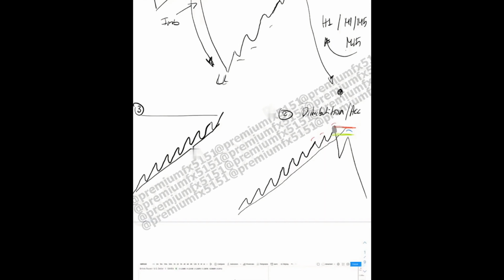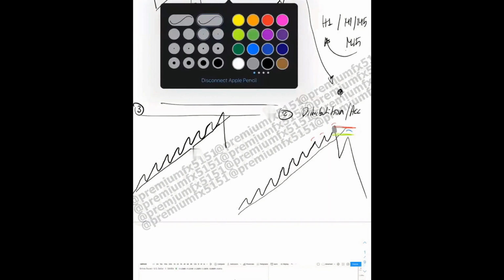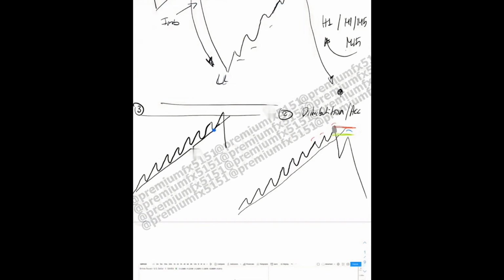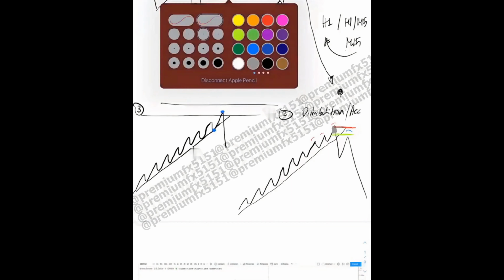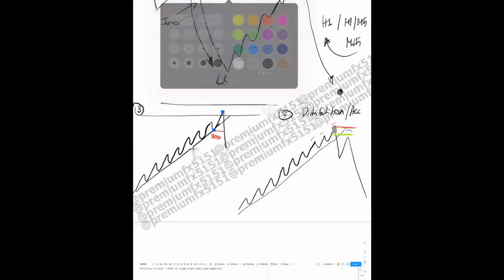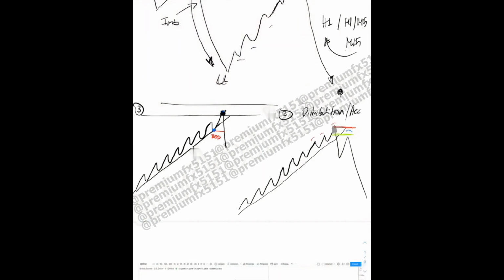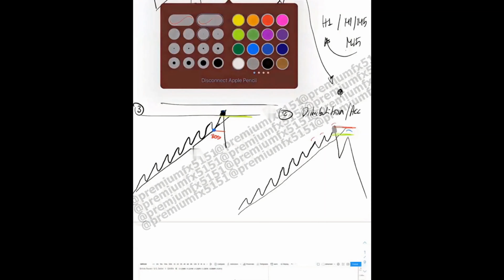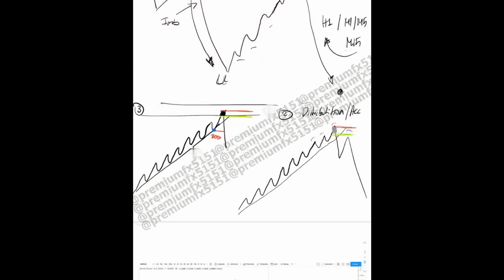Then we have a new push that we enter our supply zone, IFC, or point of interest, and then we have just a normal higher low, higher high, break of a structure, IFC candle, entry, stop loss, and that's gonna be the third one.